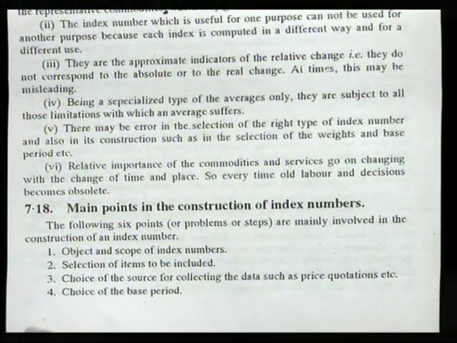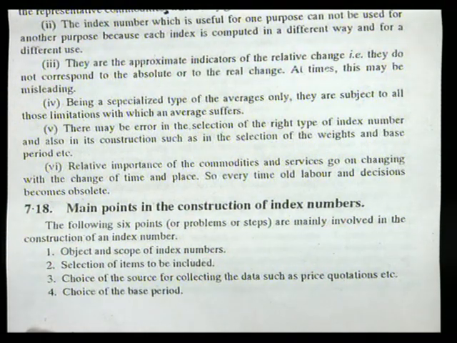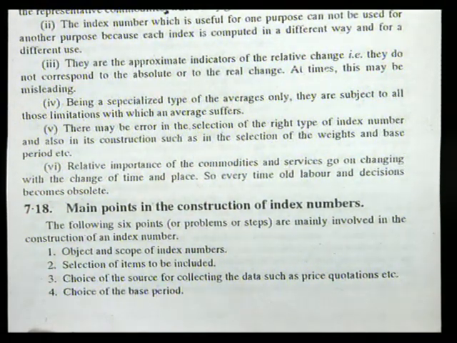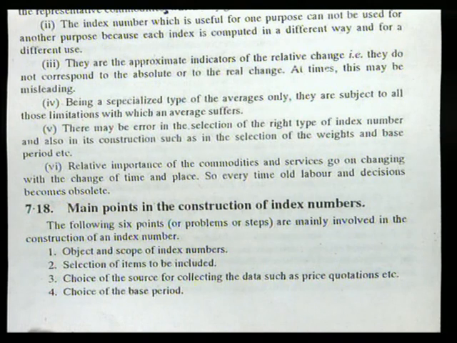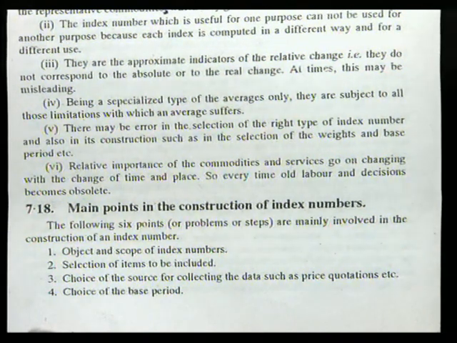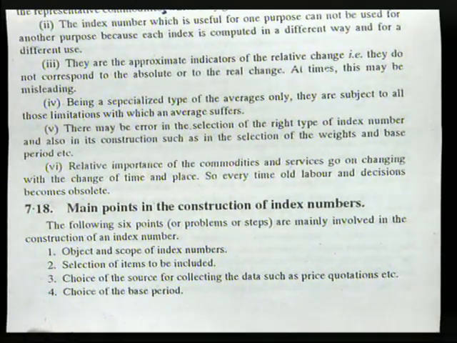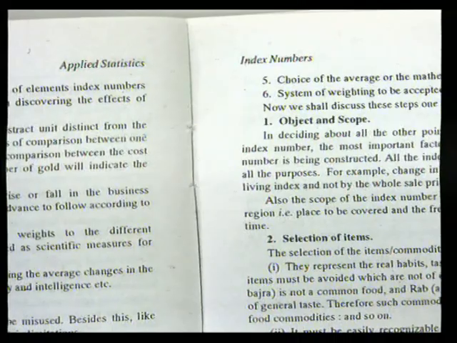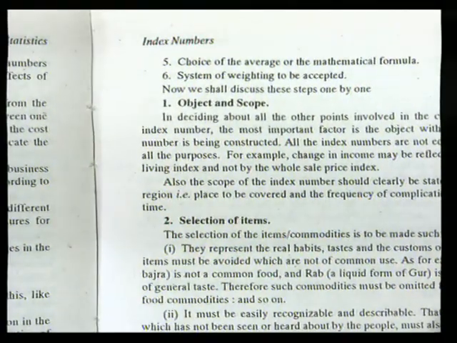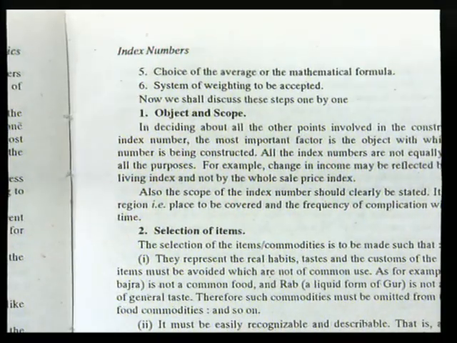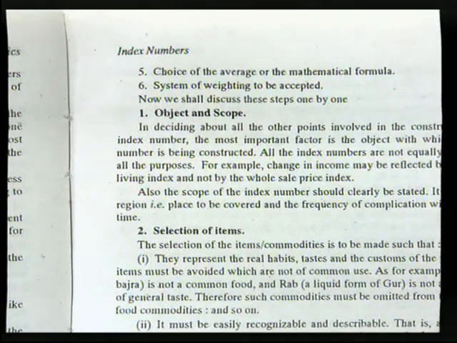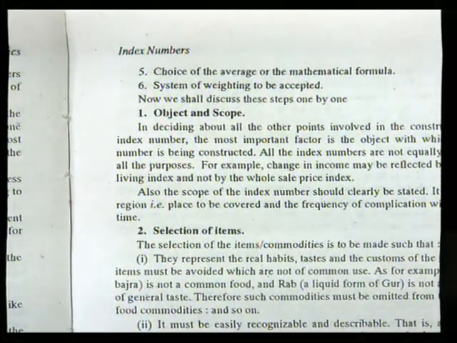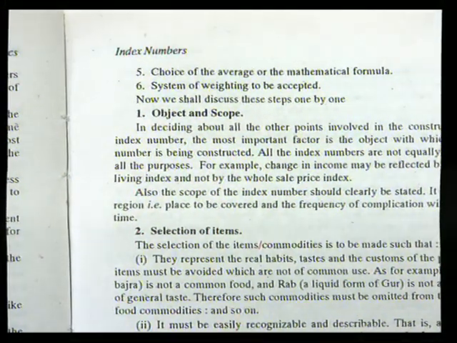Number 3, choice of the source for collecting the data such as price quotations, etc. Number 4, choice of the base period or base year. Number 5, choice of the average or the mathematical formula. Number 6, system of weighting to be accepted, and so on.